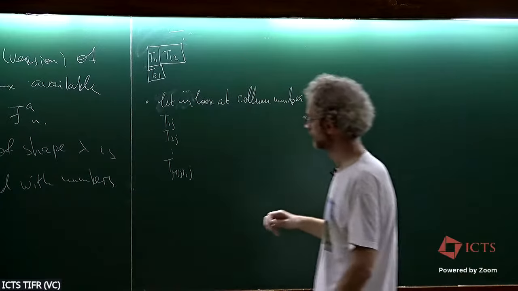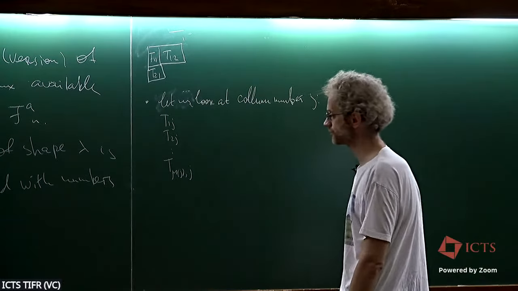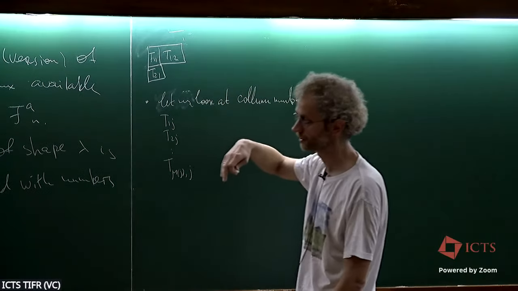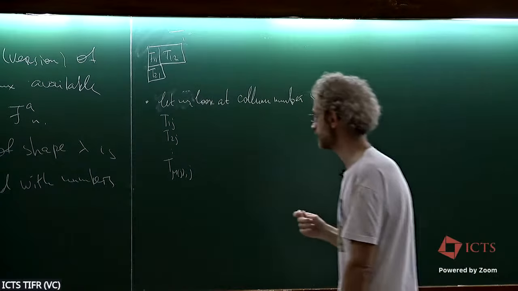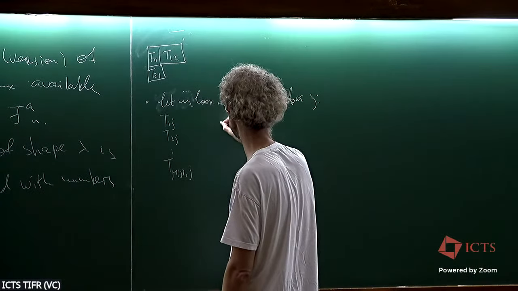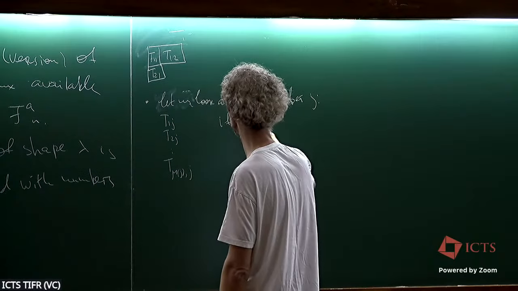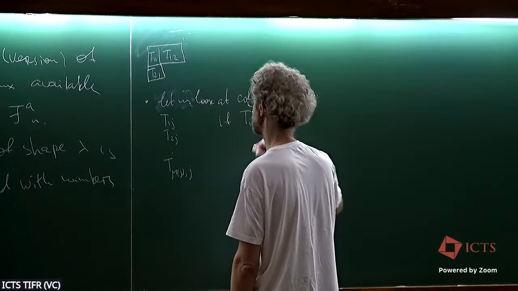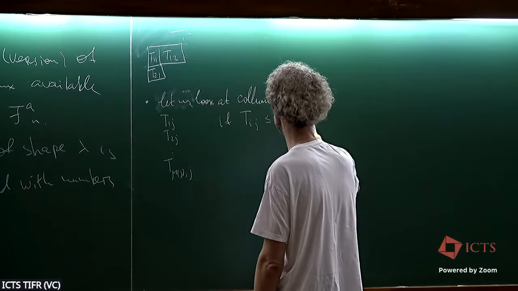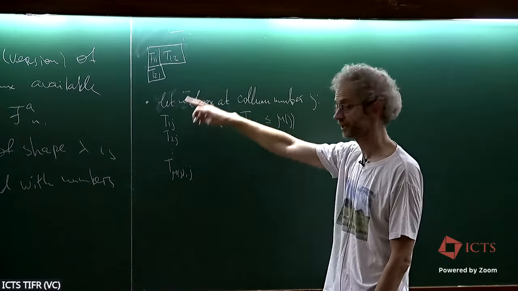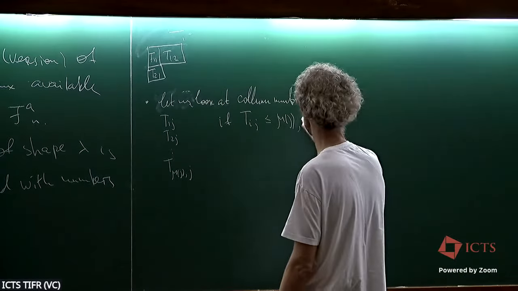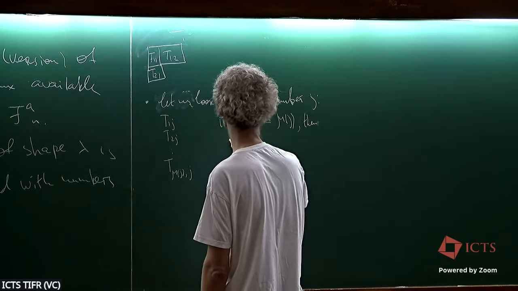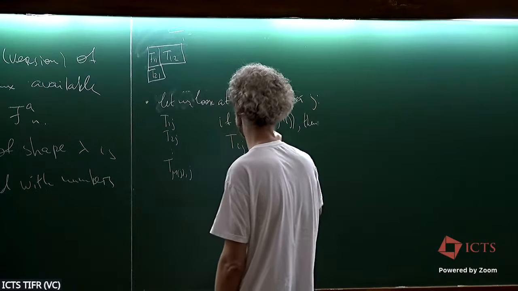So what should these numbers satisfy? Before, we had the condition that they just strictly increase from top to bottom. And now the conditions are as follows. If T_ij is less than or equal to mu_j, where you remember mu_j is just the number of elements in this column, then T_ij is just i.